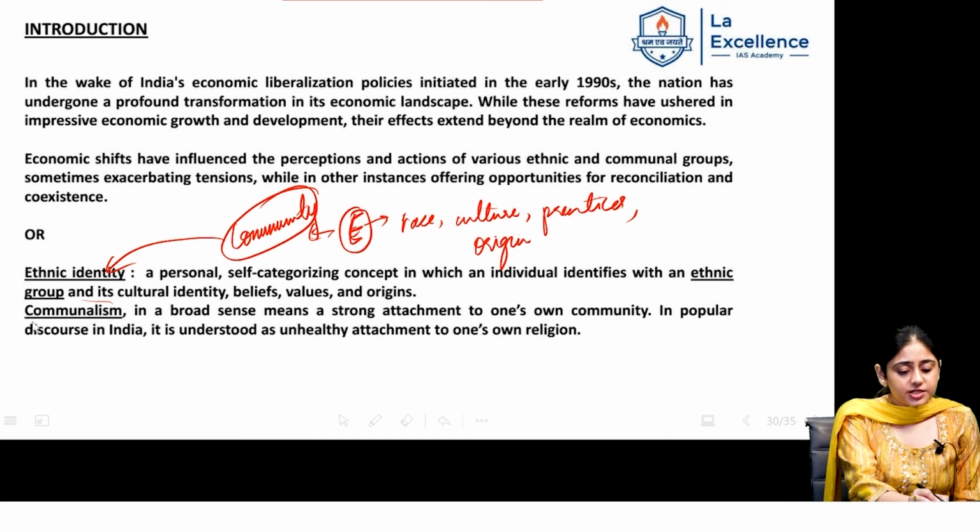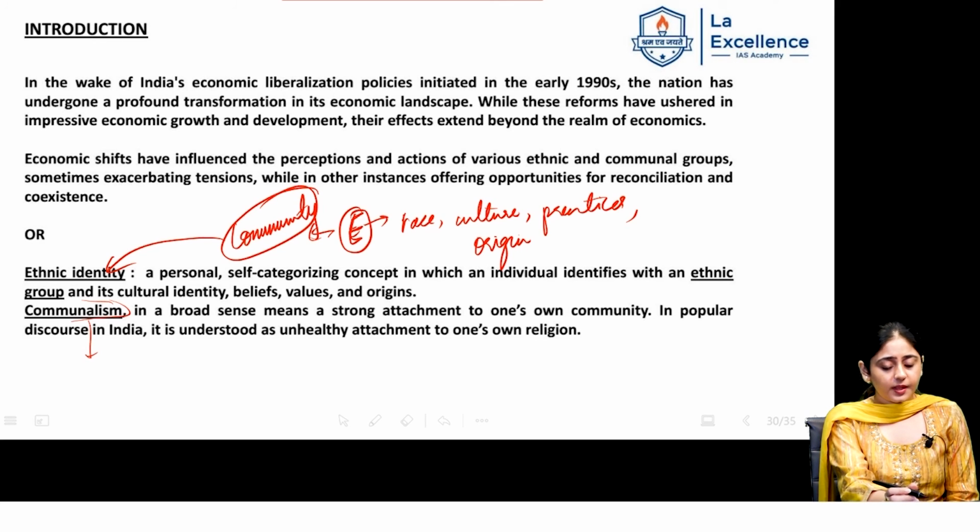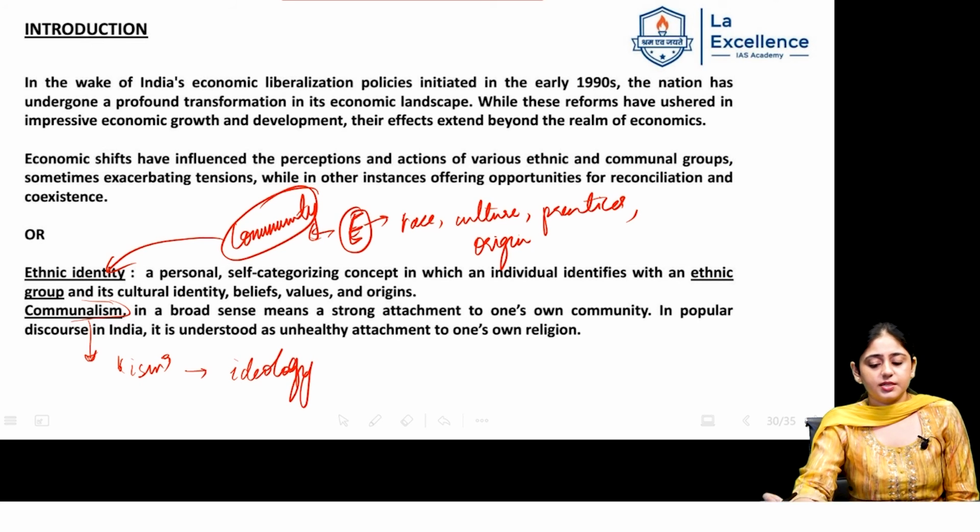And the second part is about communalism. Ideally, if you discuss the definition, whenever there is an 'ism' in any term, 'ism' means an ideology. So communalism is an ideology in which there is a strong attachment to one's community.